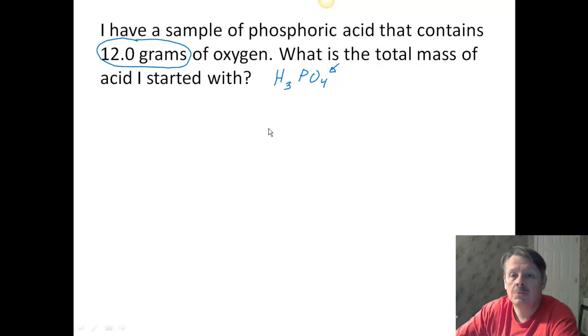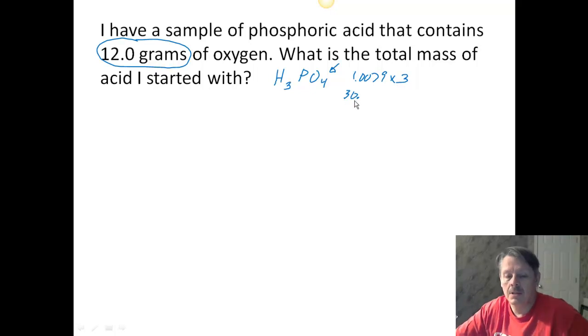Now, to be able to do this, of course, I need to figure out my molar mass of the H3PO4. So for my H3, I have 1.0079, but I've got 3 of them. And phosphorus, I've got to look that one up. Don't know that one off the top of my head. 30.974, and there's only one of those.